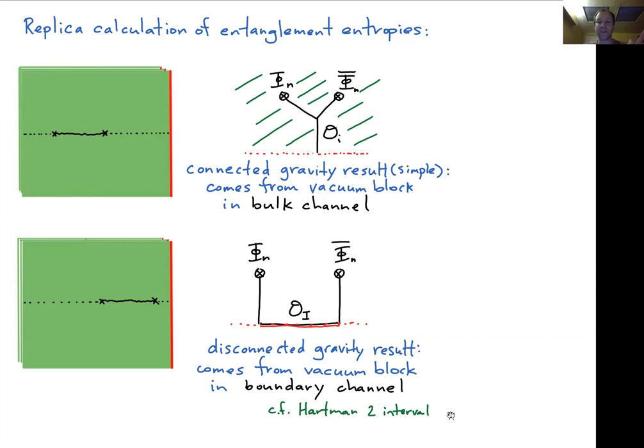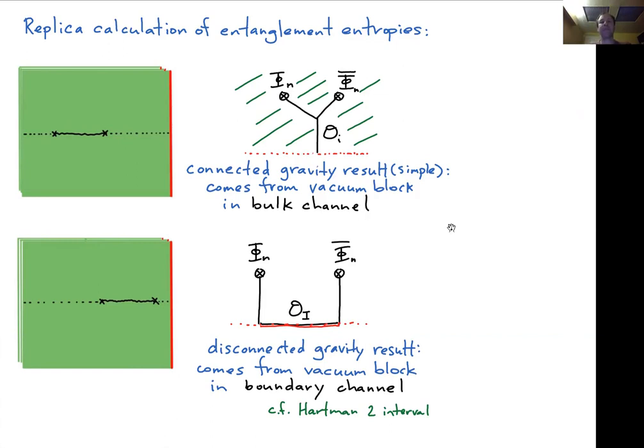So Hartman sort of showed that the gravity answer that you get in that case, which also exhibits a similar phase transition, is exactly reproduced by just keeping the vacuum contribution to specific channels.